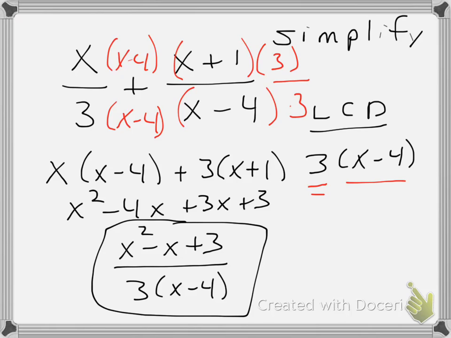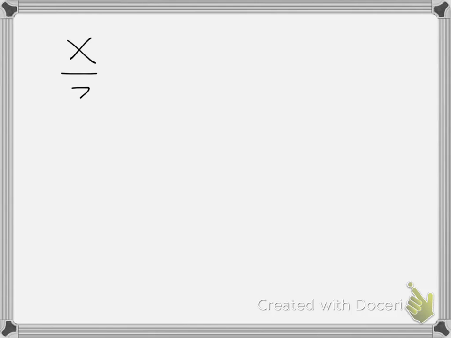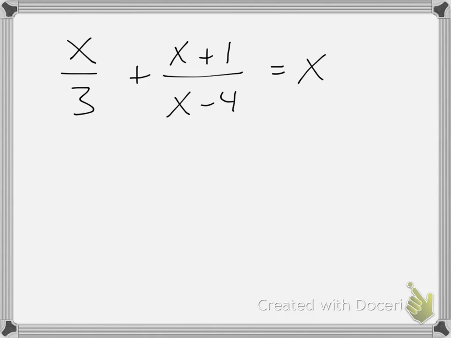Now let's look at one where we're solving. Let's say x over 3 plus x plus 1 over x minus 4 equals x over 3, adjusted to make sure we get a nice clean answer and don't get into quadratic equation territory.